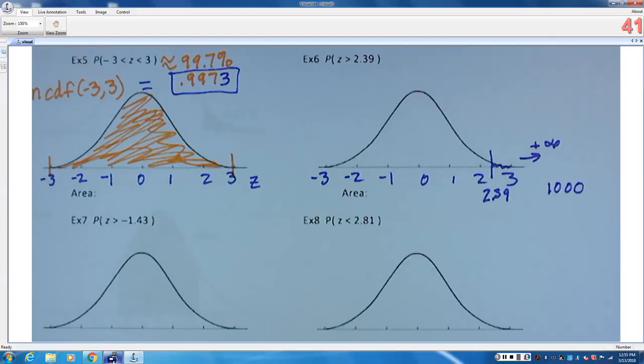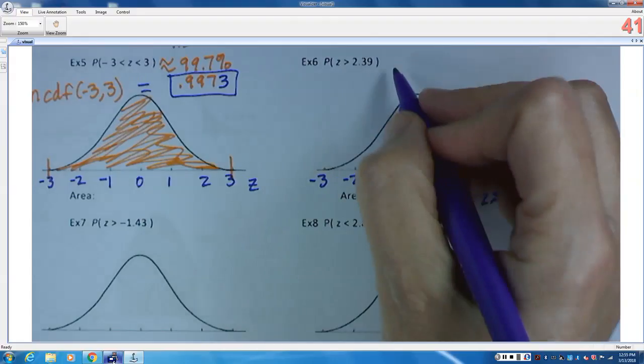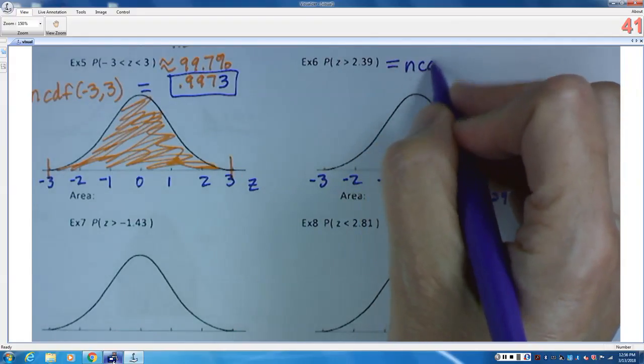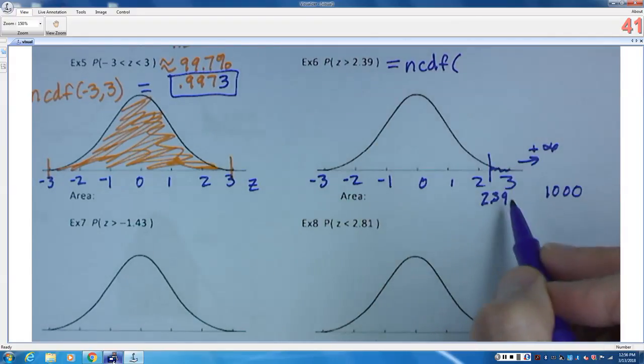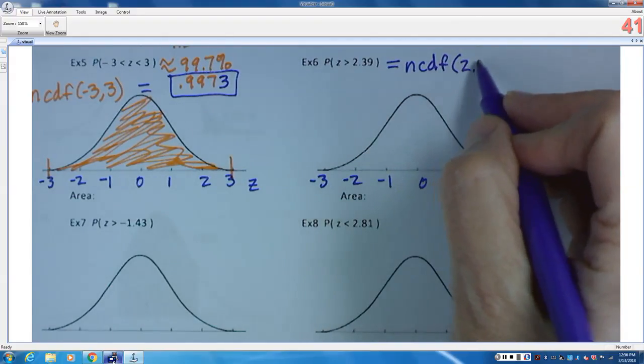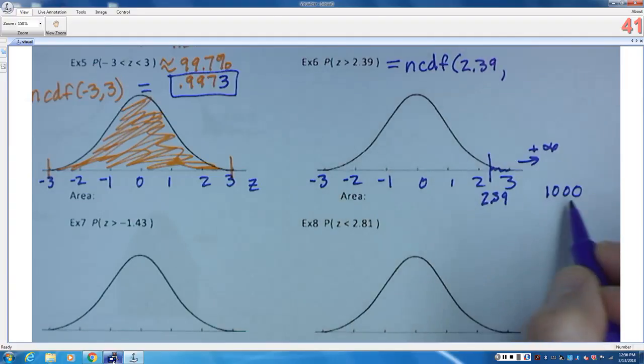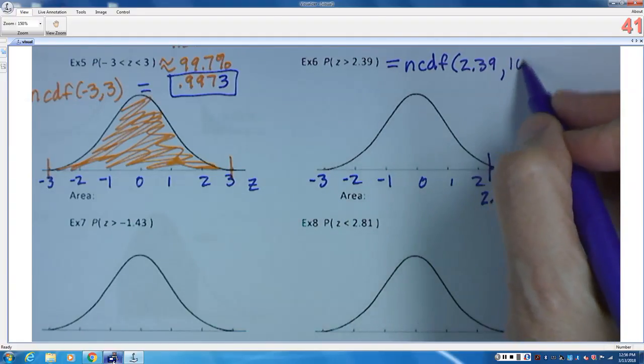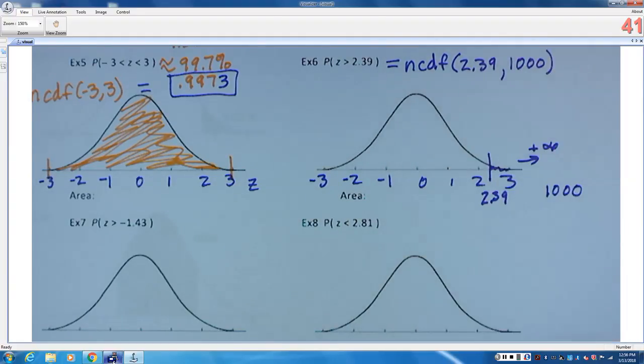We don't need to be that exact. We only need 4 decimal places, so we can put in 1,000. So this is normal CDF. The lower limit this time is the 2.39, left to right, and the upper limit is 1,000. So that's how we do greater than.